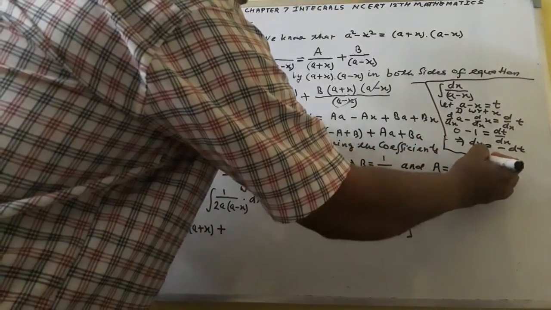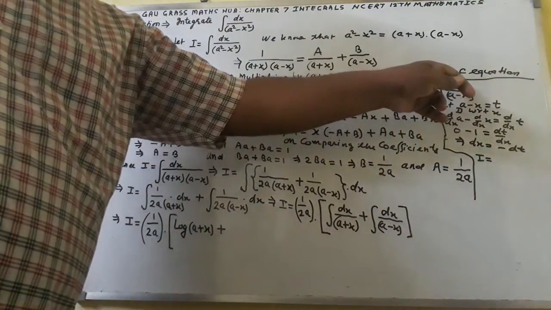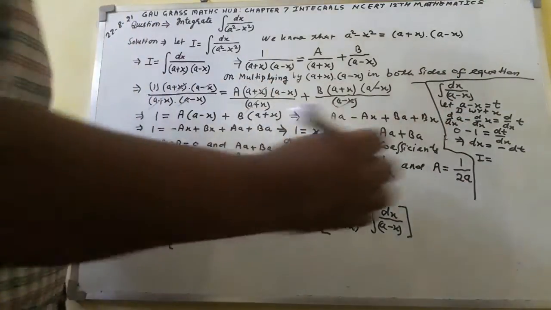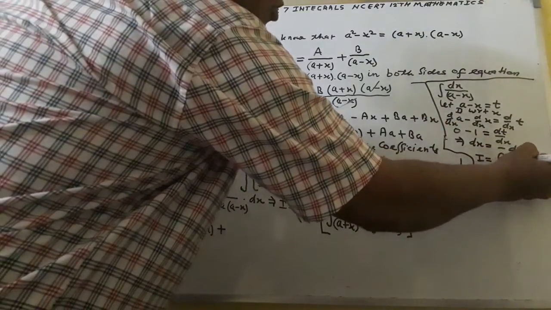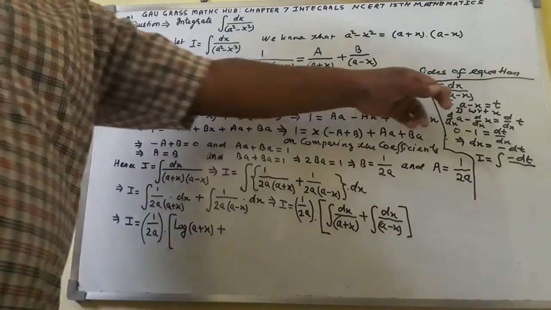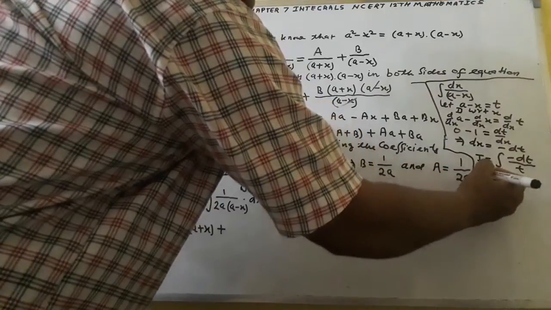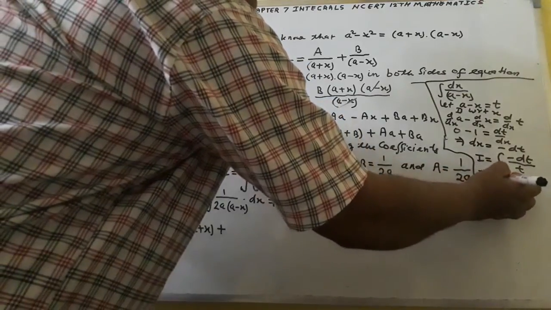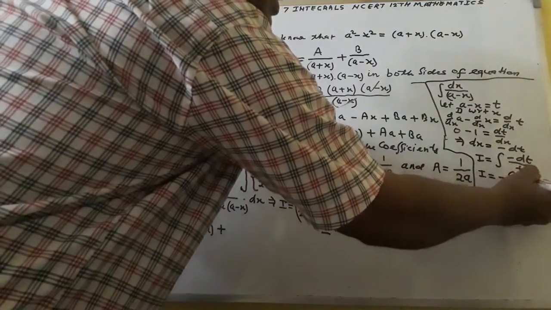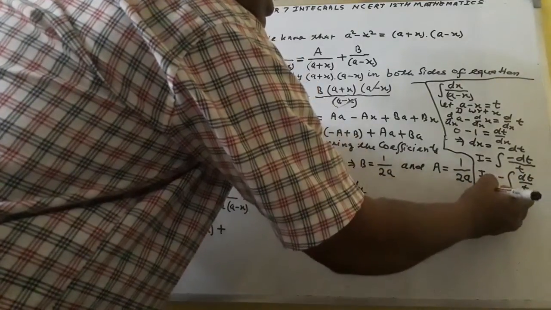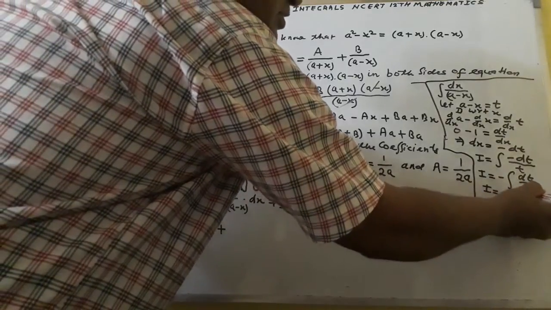Next here you will get I is equal to, the value of dx is equal to minus dt, so write minus dt whole over a minus x. In place of a minus x, I shall write here t. So you will get I equal to minus integral dt over t. You will get I equal to minus log t.